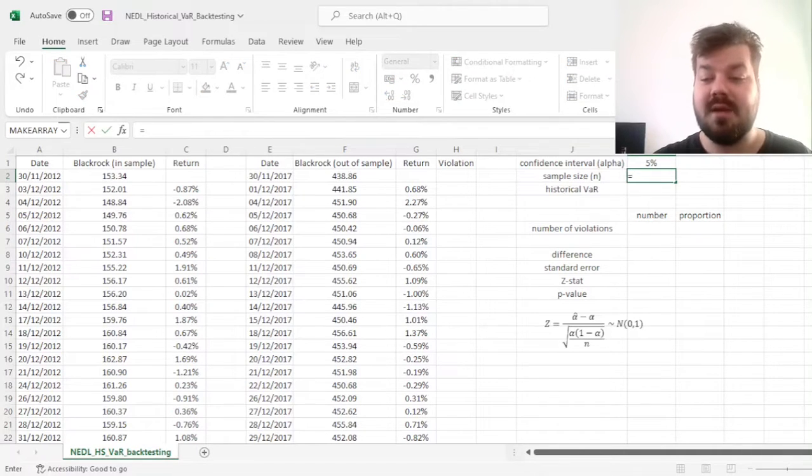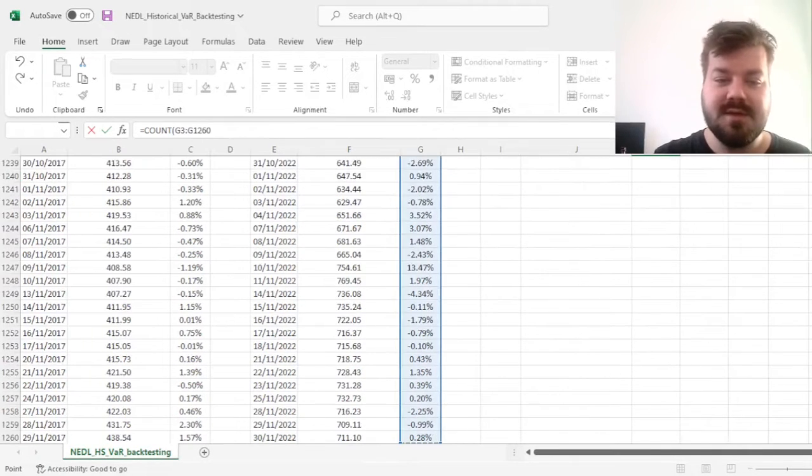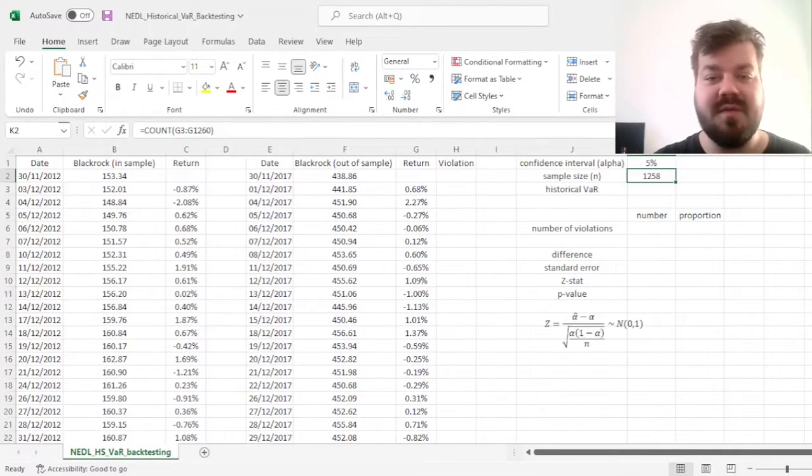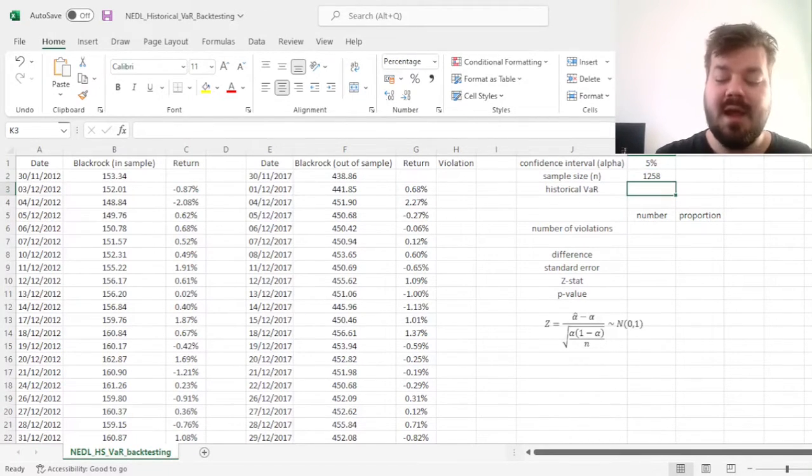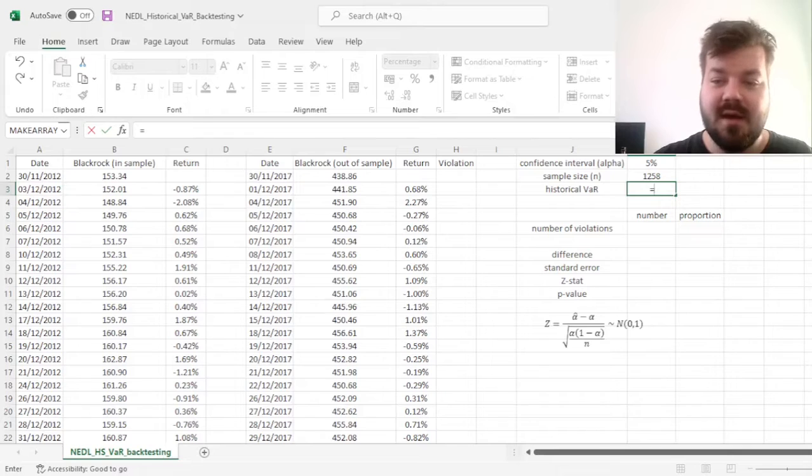Now we can calculate our sample size that we'll use to determine breaches or violations and determine how well historical VaR estimated on past data estimates losses that occurred in our out-of-sample data. So we count our out-of-sample returns, and we've got 1,258 of them, which is very typical for 5 years worth of daily data. And now we can estimate our historical VaR using the confidence interval specified based on in-sample or training data.